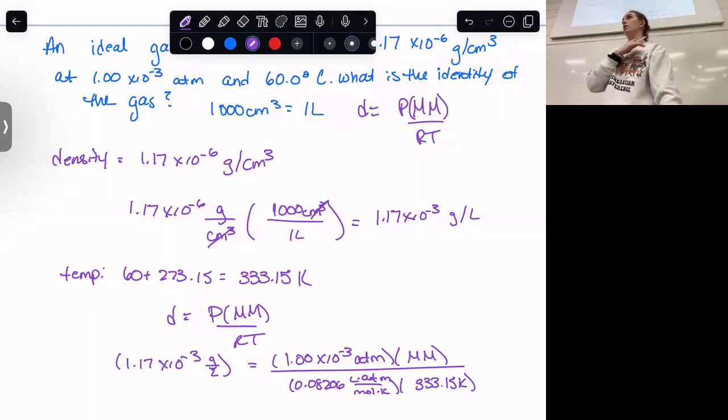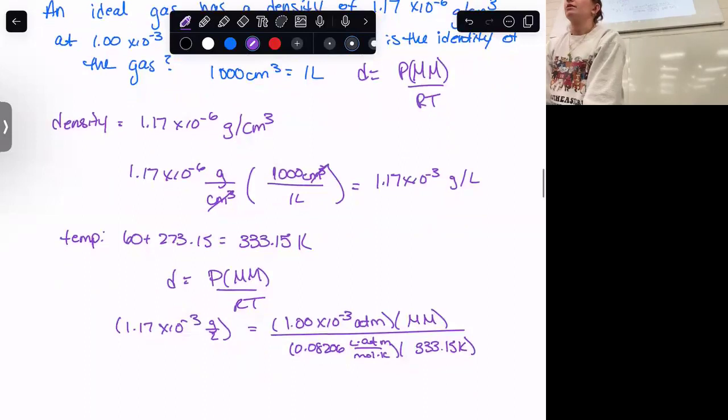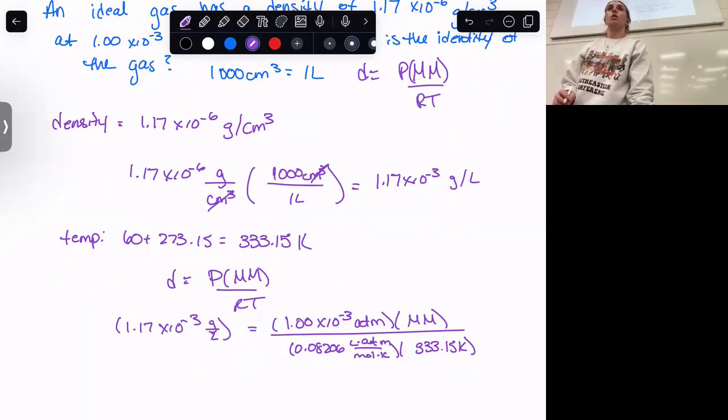Okay, and again, you can solve multiplication, division, whatever, right? Get a common denominator, cross multiply, divide, whatever you want to do that way. What do we end up for a molar mass? I have the answer, 31 something.